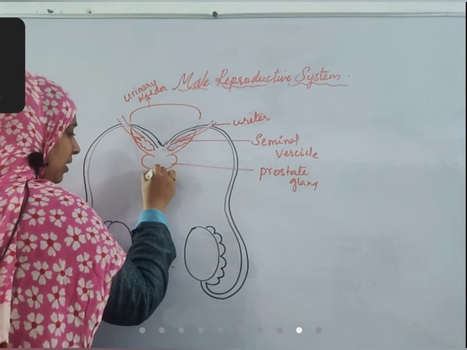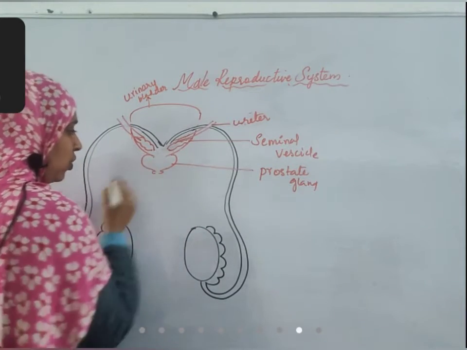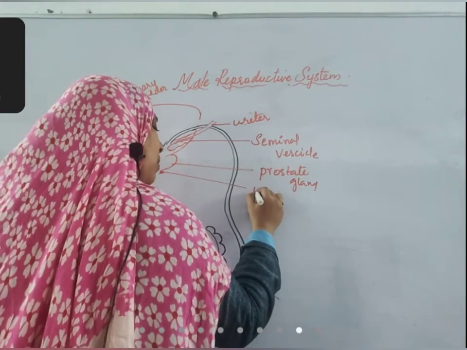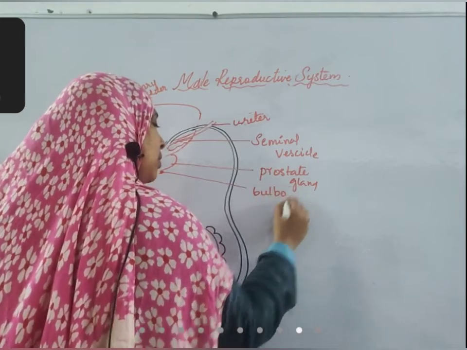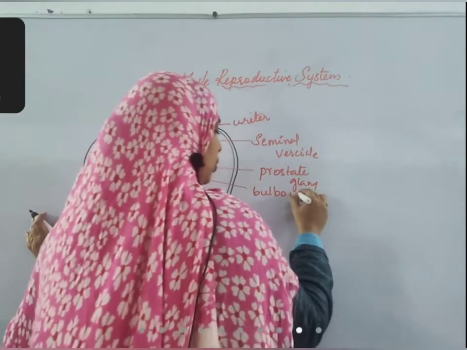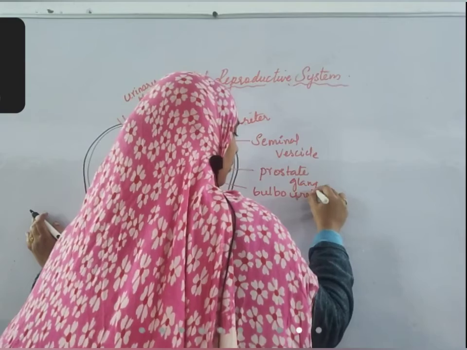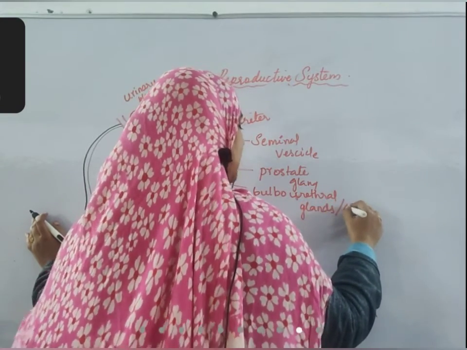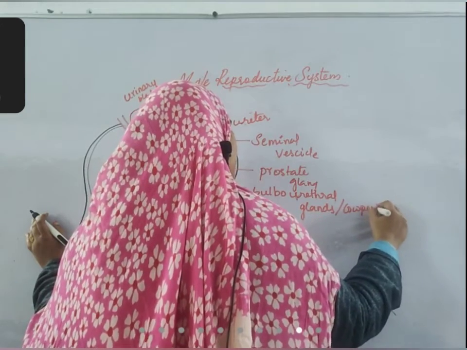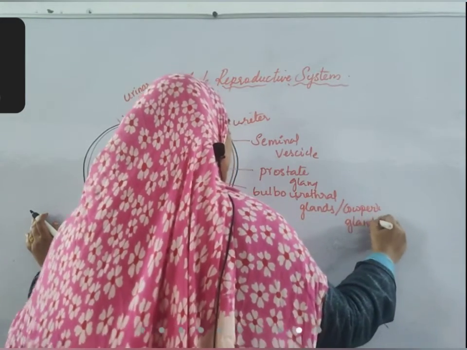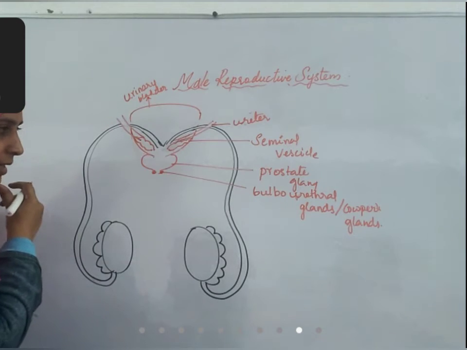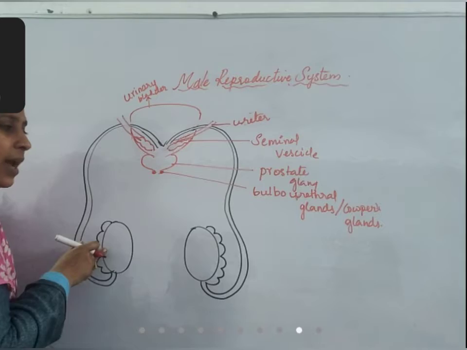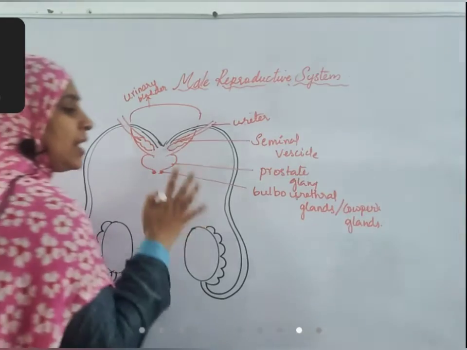And after that, in this location, there is one small gland called bulbourethral glands, also called Cowper's glands. So these are the three accessory glands. Testis is also a gland, but it is the main gland. These three are accessory glands.